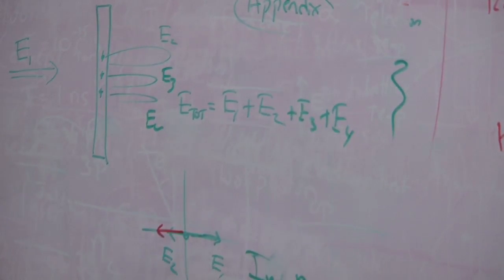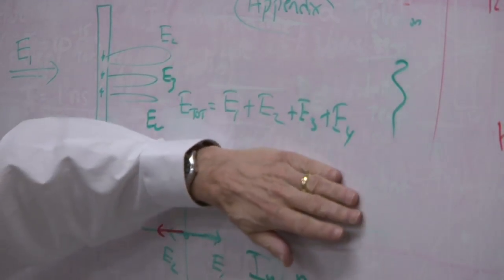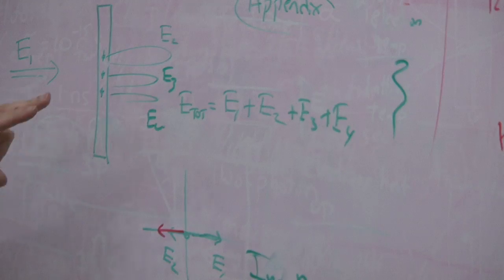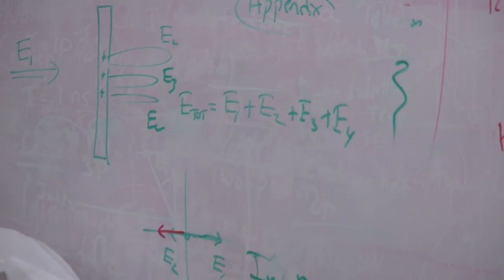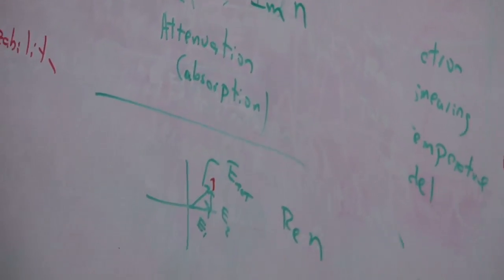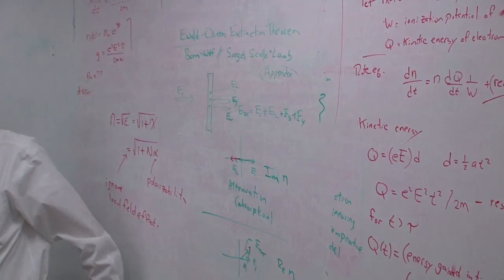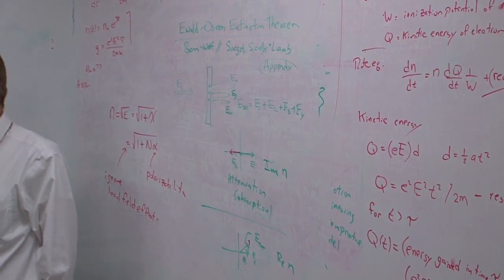Okay, so each atom generates a field. That field interferes with the incident field, which is E1. And you can understand both the imaginary part of N and the real part of N in terms of this re-radiation picture. So I meant nothing more, nothing less than this.